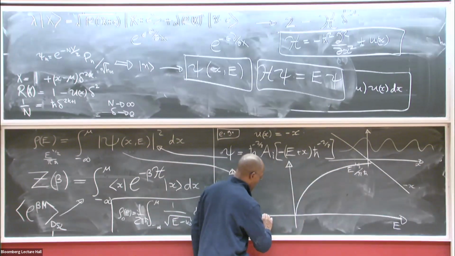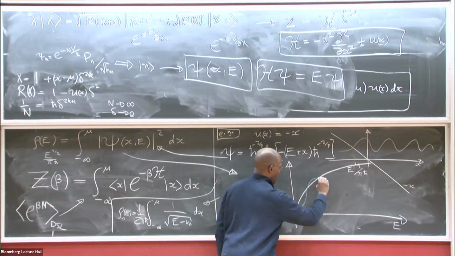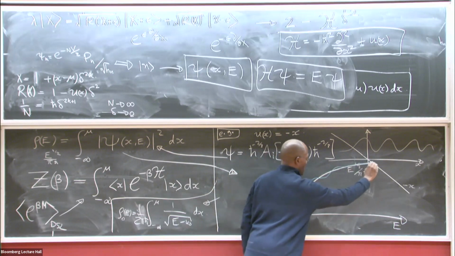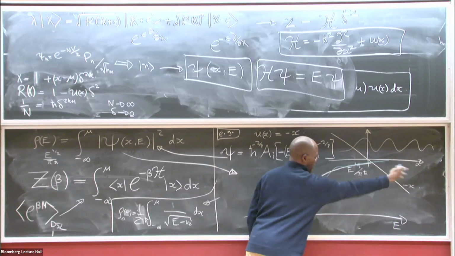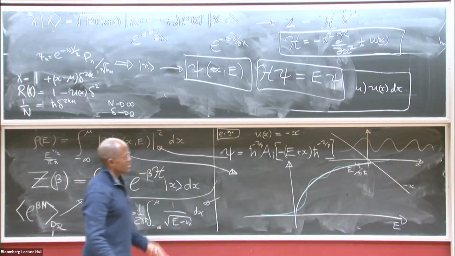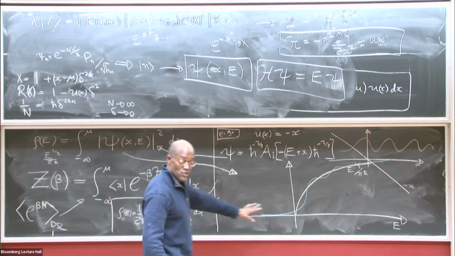When you plot the result, you find that indeed these wiggles eventually level off, and at large E compared to h bar, they become the classical result. So two things we learn here.